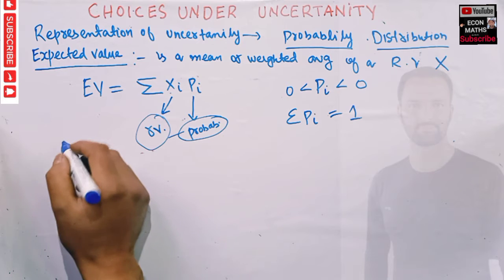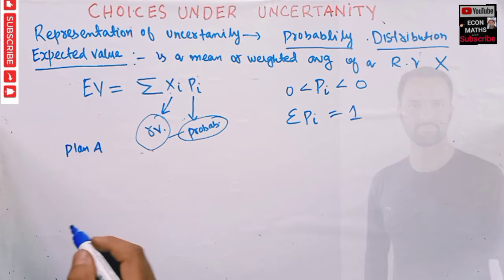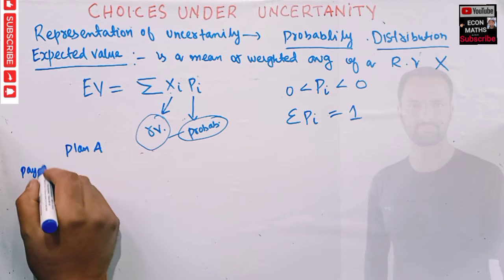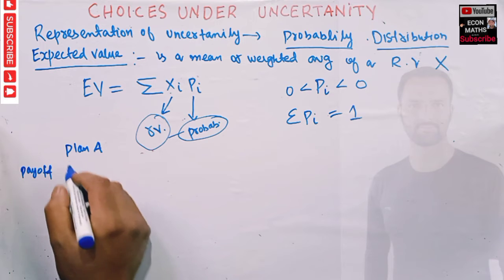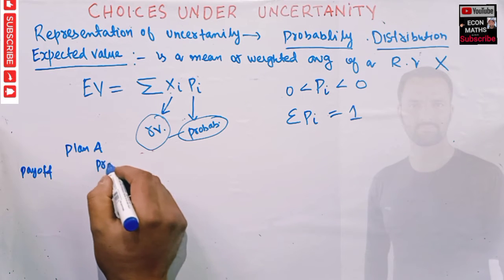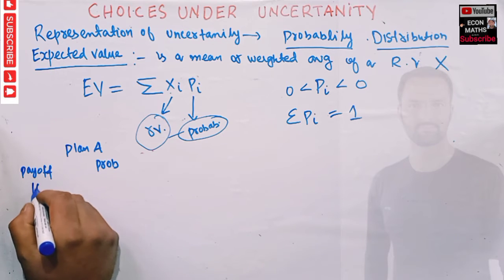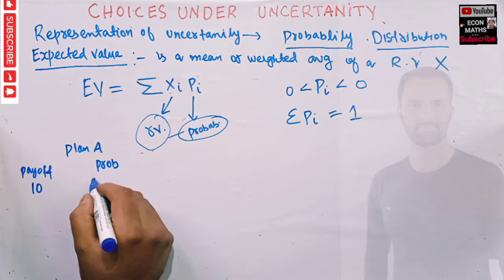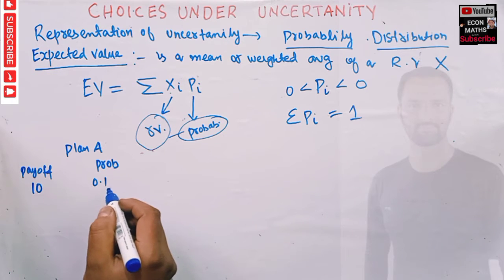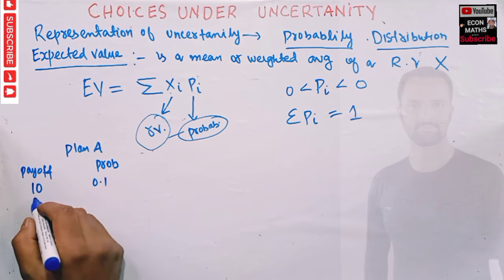Let us say this is plan A. In this plan A, payoff is coming out to be and this is the probability associated with this payoff. Let us say he gets $10 with probability 0.1, what we call 10% chances he will get $10.